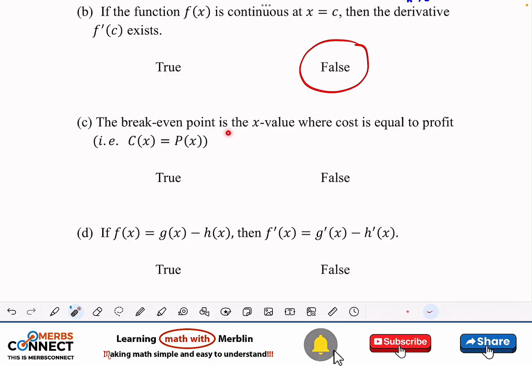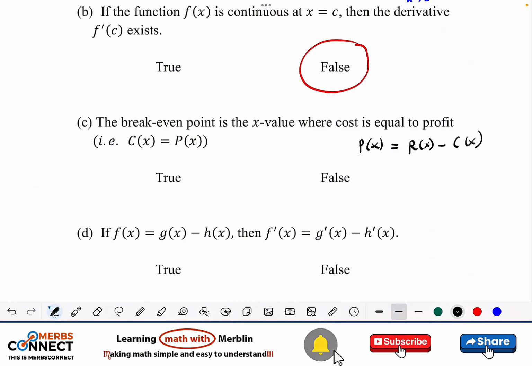The break-even point is the x value where the cost is equal to profit. Is that true? Let's find out. We know that profit is equal to revenue minus cost. Now we are talking about break even. When you say break even, it means that we don't have any profit.